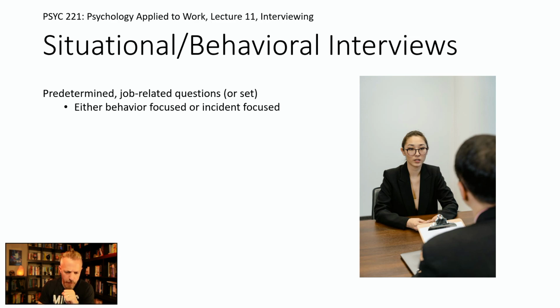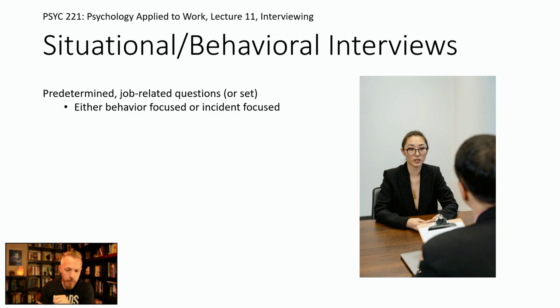But here, instead of it being a little bit more openly defined in its structure, you're narrowing the structure of your interview to trying to get to behaviors, often by talking to the candidate in a situational framework, either hypothetical or based on their past experience.